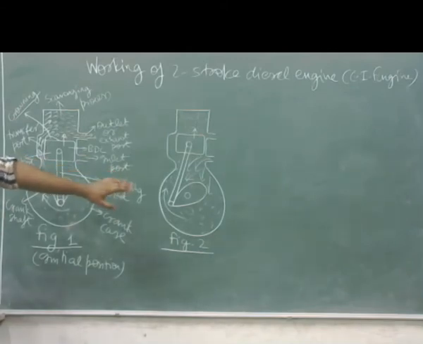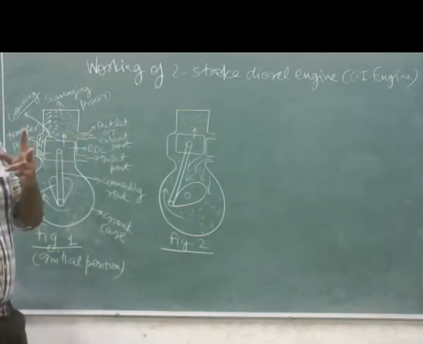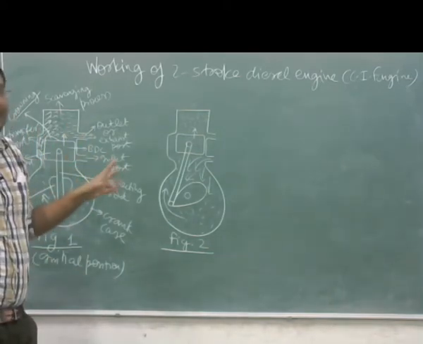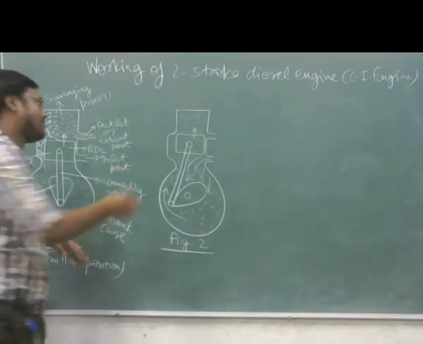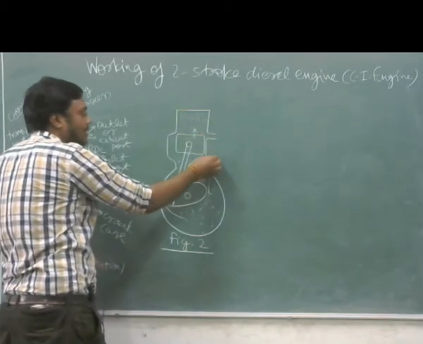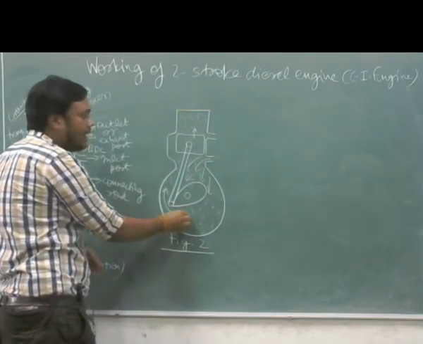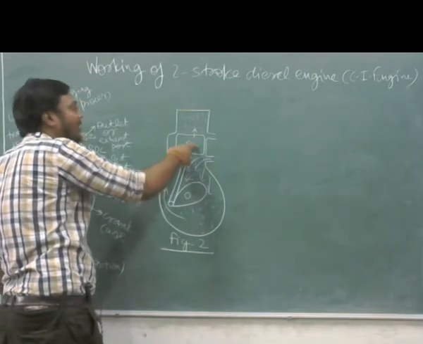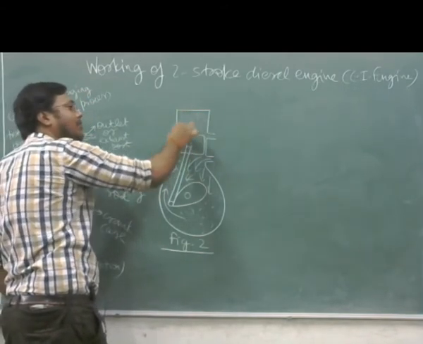So here we can see that when the piston is moving from BDC to TDC, two processes are taking place simultaneously. First, when the piston is moving in upward direction, suction process takes place, and the second one is that it is compressing the fresh air present above the piston.